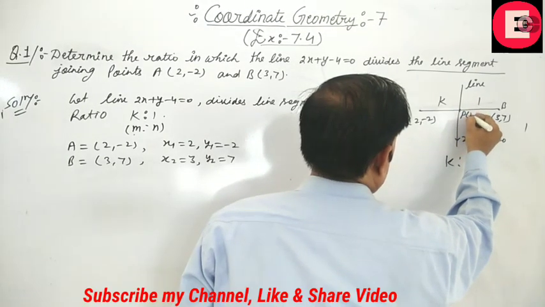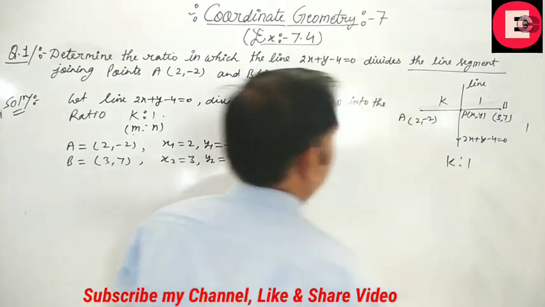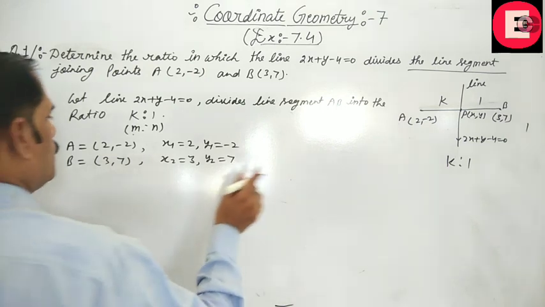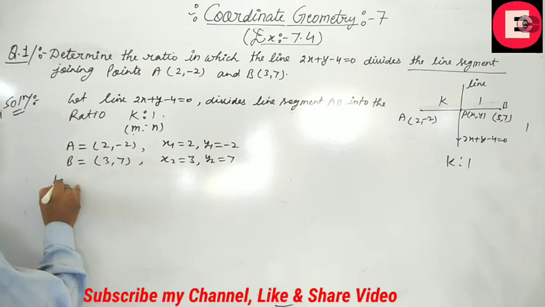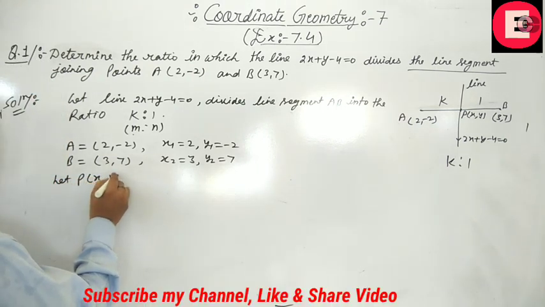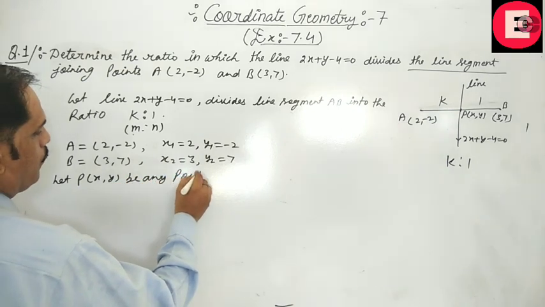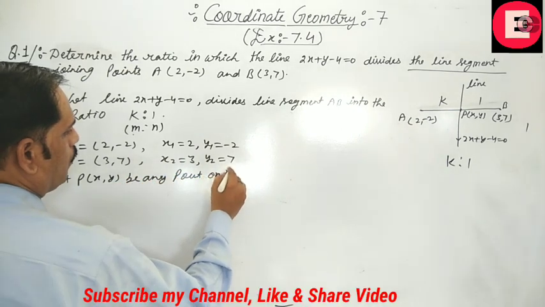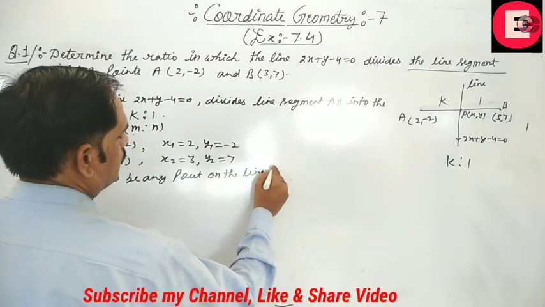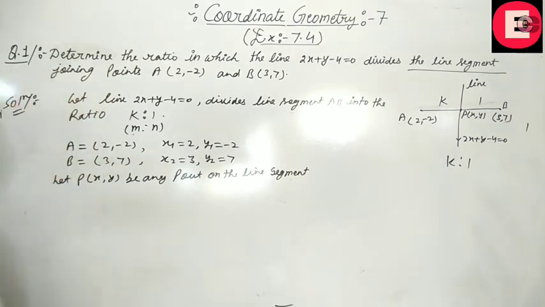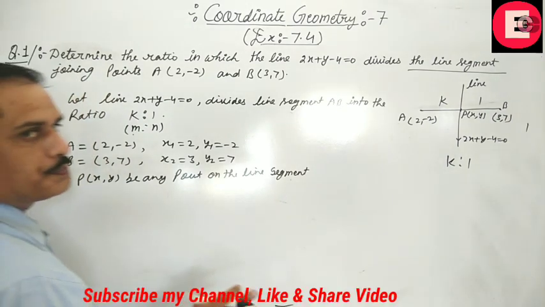Let P be any point which divides the segment AB. Okay, then let P be any point on the line segment. Clear?